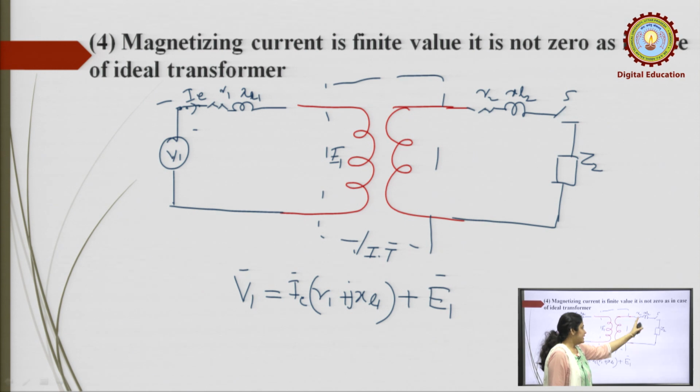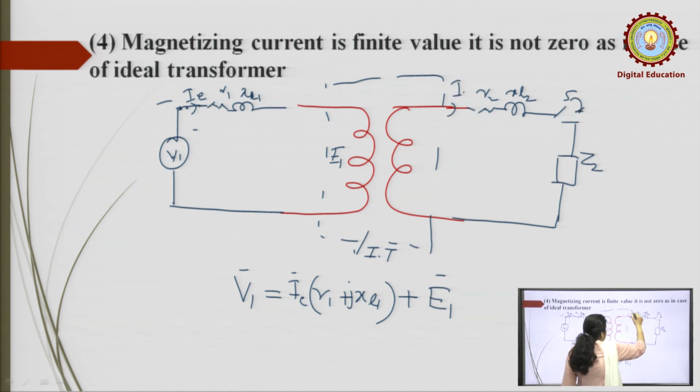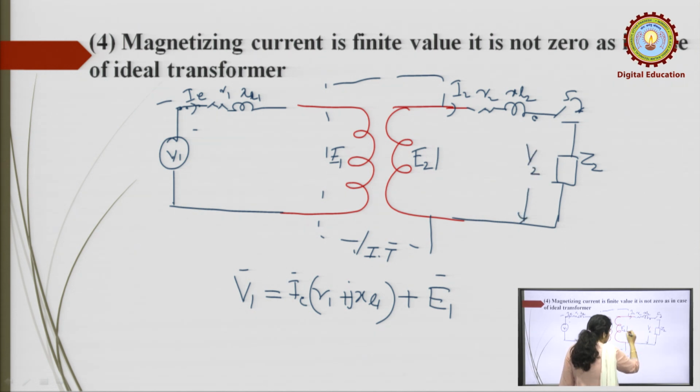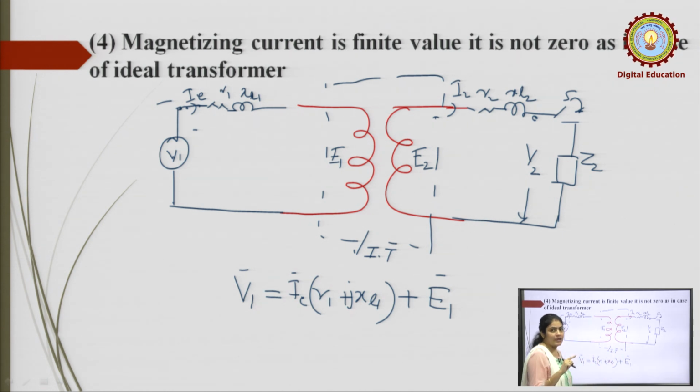On this side, suppose this S is closed, so the I2 current will flow here. So, this will satisfy the KVL also. So, this V2 is not equal to E2. Okay. But in case of an ideal transformer, V2 has to be equal to E2, and V1 is equal to E1.